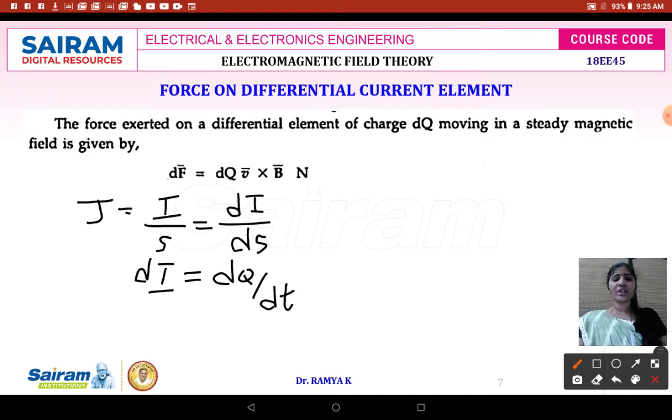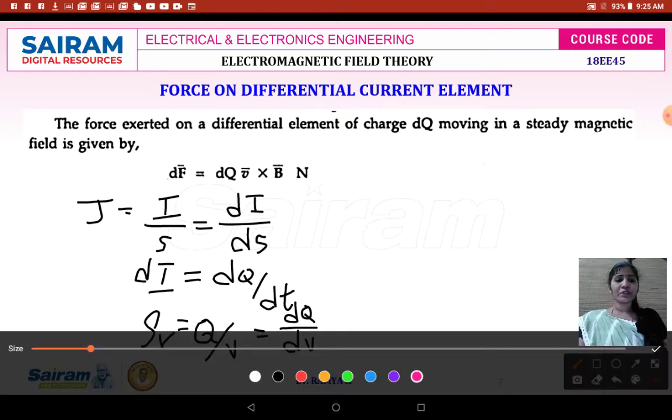And if the charge q is described by the volume charge density, the definition is rho v is equal to q divided by v. If we assume a differential volume element, the charge distribution is also going to be differential.